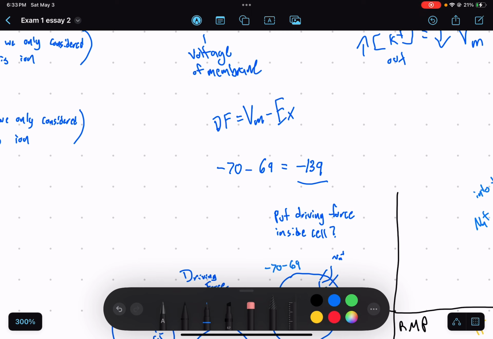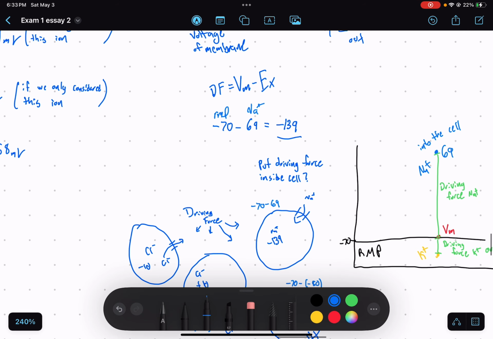Let's do that for sodium here. Negative 70, which is the RMP, minus 69, which is the sodium, equals negative 139. Now, we have to remember that you always put the driving force inside the cell.